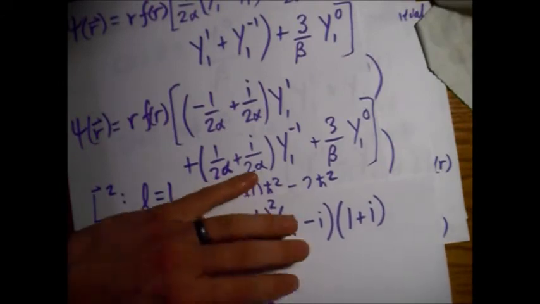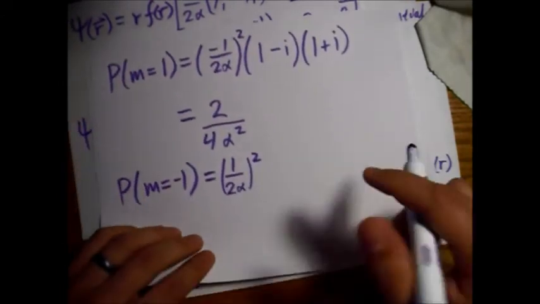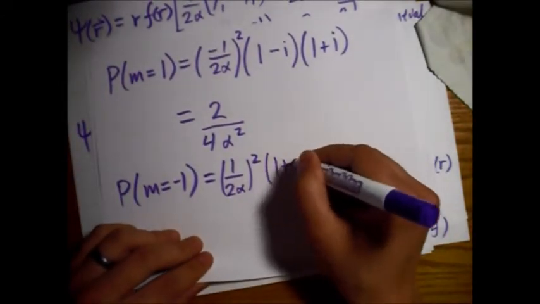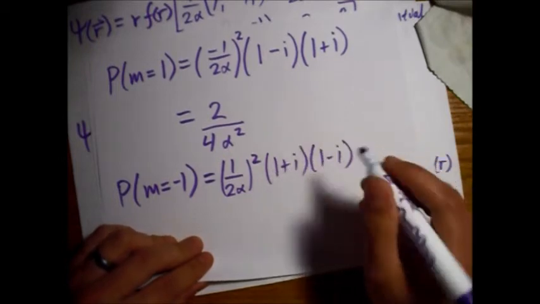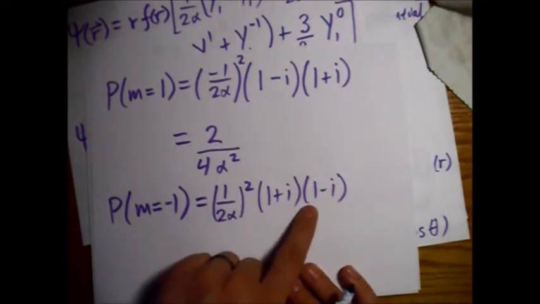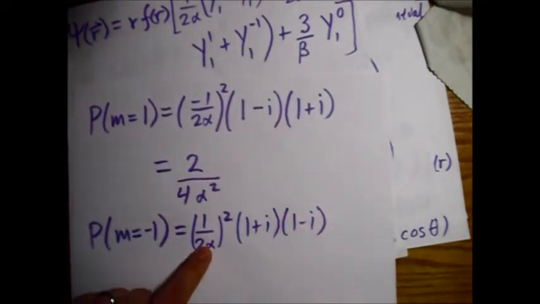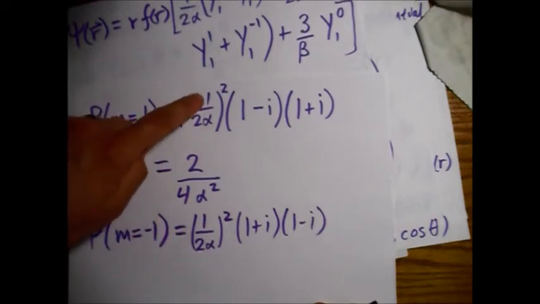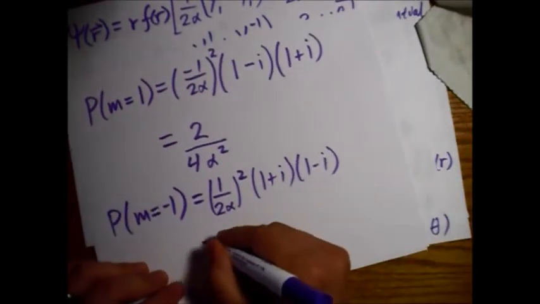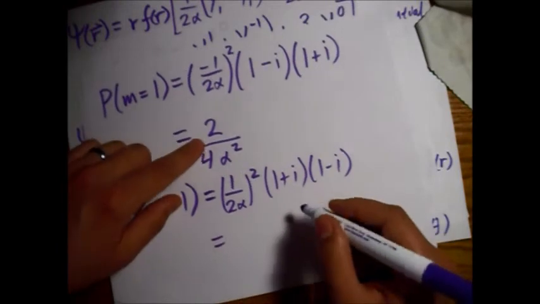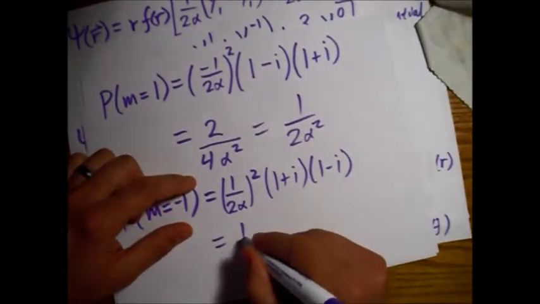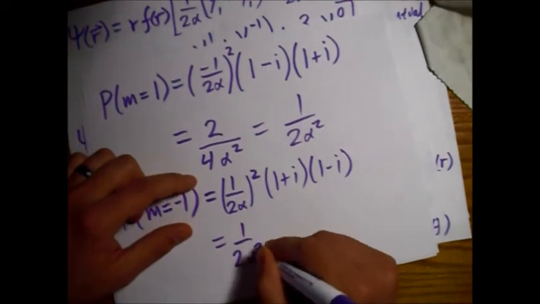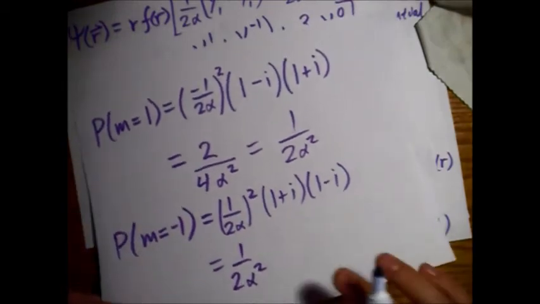All right, and then what's left over is a 1 plus i, and then multiplied by its conjugate, 1 minus i. And this product right here is the same as this one up here. And this one's the same as this one because the minus sign goes away. So this one is also equal to 1 over 2 alpha squared. All right.